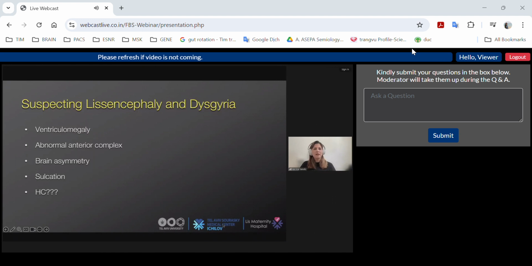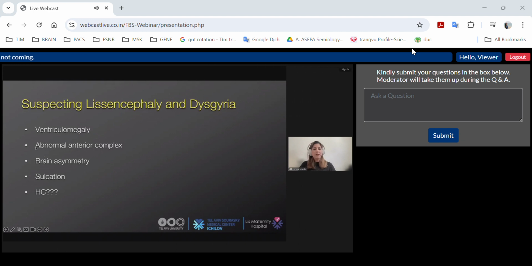So first things first, regarding the fetus, how can we even suspect that there may be an abnormality of migration, especially lissencephaly and dysphagia? So normally the main referral causes are ventriculomegaly, abnormal anterior complex. Although it's not part of the basic scan, I really invite you guys to check on the anterior complex, presence of brain asymmetry.